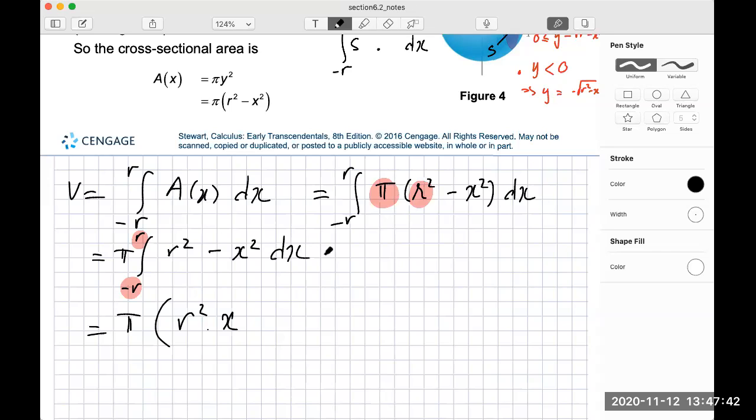Because we are taking the integral with respect to X, right? R does not depend on X. It is simply a constant. So, very good. And how about X squared here? Very good. Good job. So is it clear?